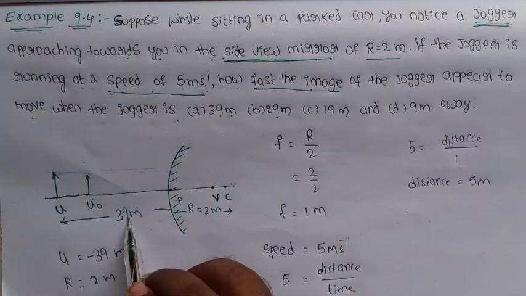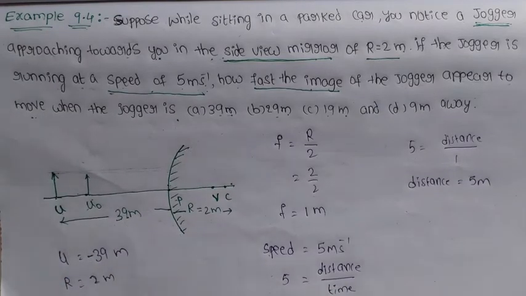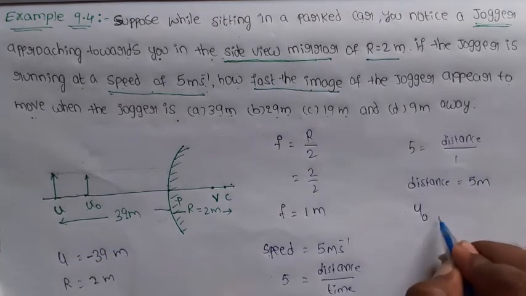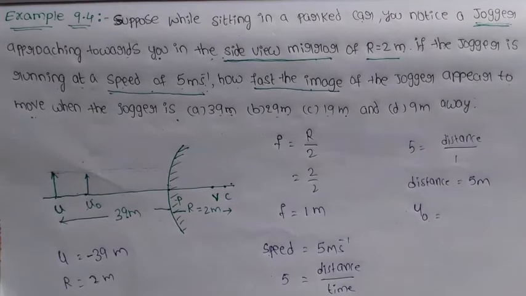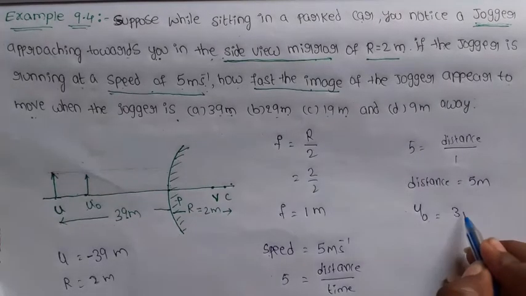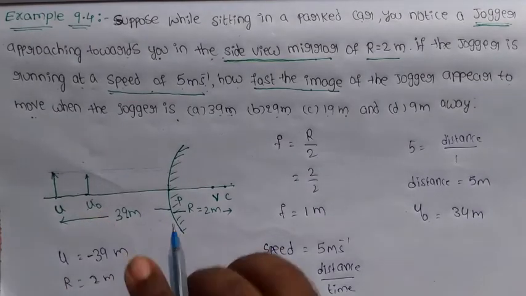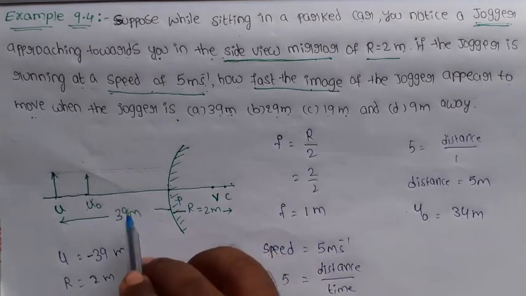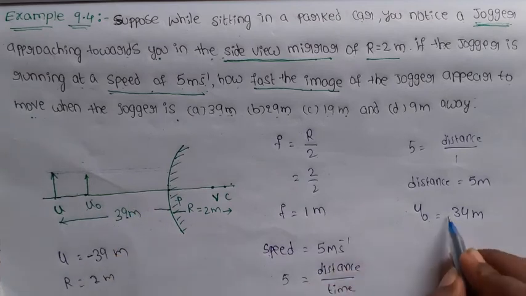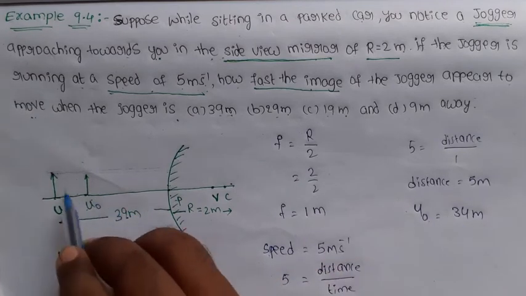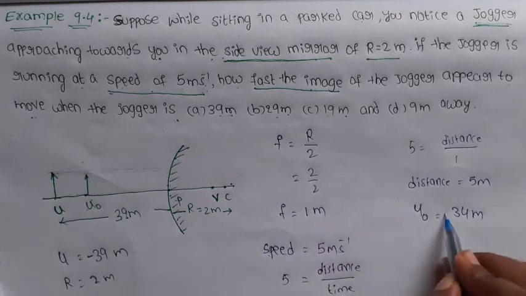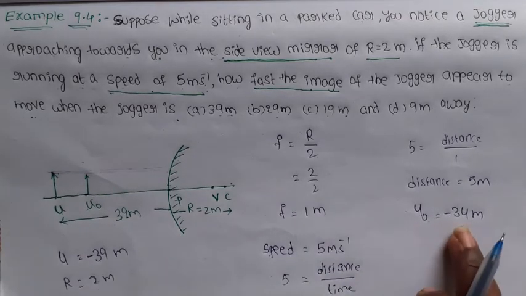So 39 minus 5, how much? 34 meter. Here also u naught is measured from the pole, applying the sign conventions, so u naught is in the opposite direction to the incident rays. So u naught value is minus 34 meter.